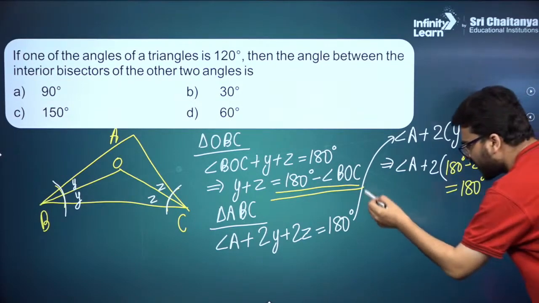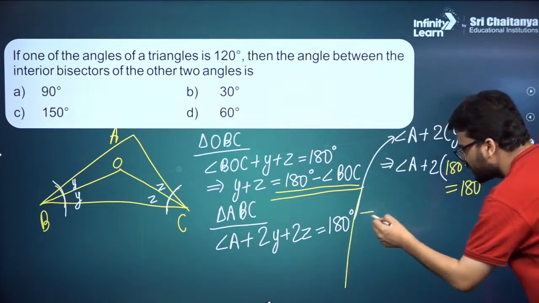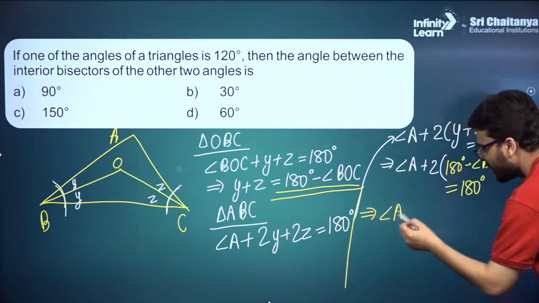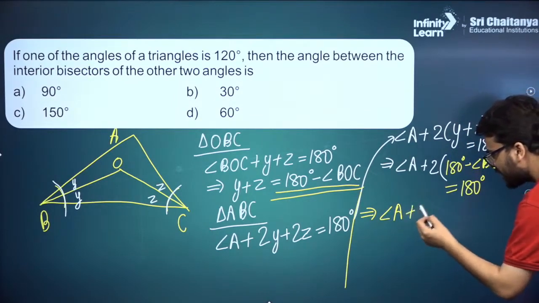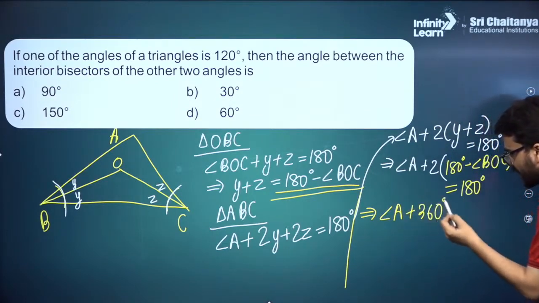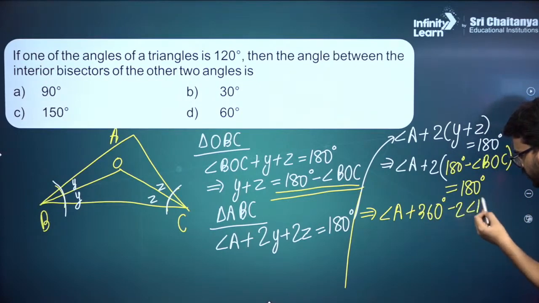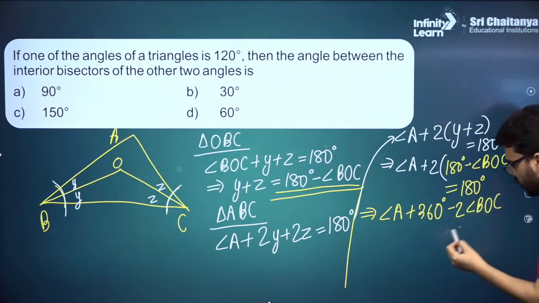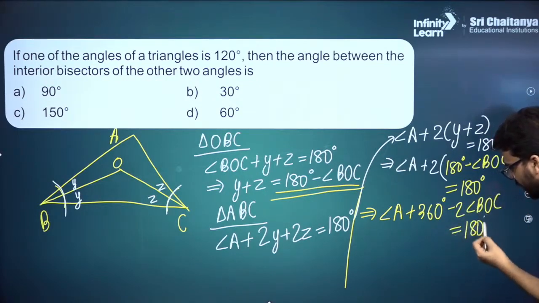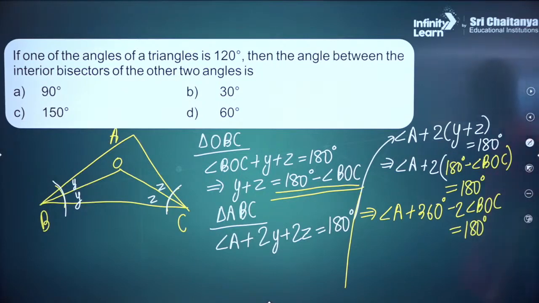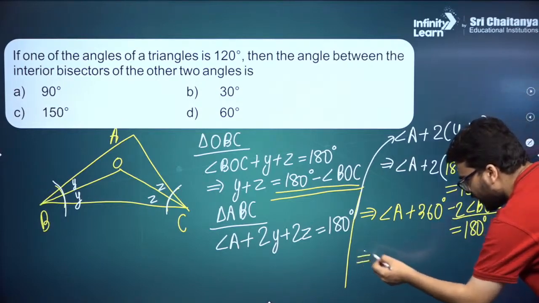Now if you further simplify this and open up this bracket, you'll get angle A plus 360 degrees minus 2 times angle BOC, and that is equal to 180 degrees. I hope this is clear up till here. Correct? Now can I take BOC on the other side of the equation? So basically what will I get? Tell me.